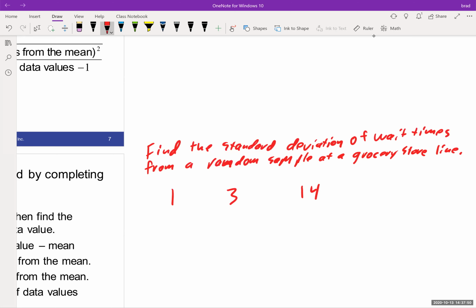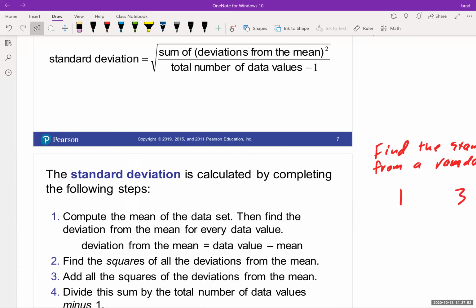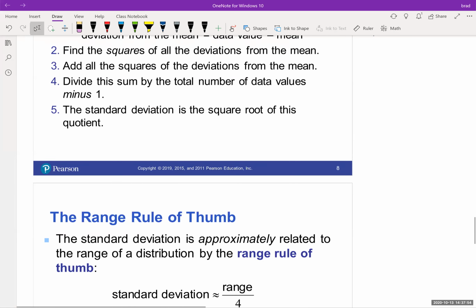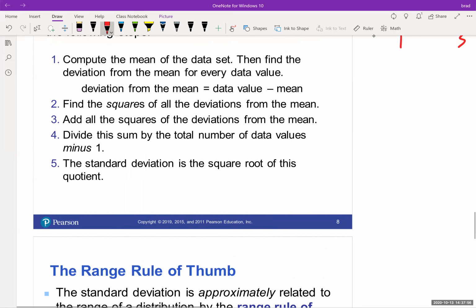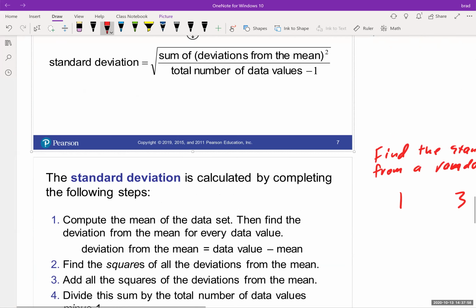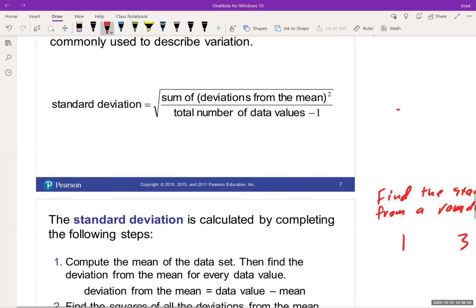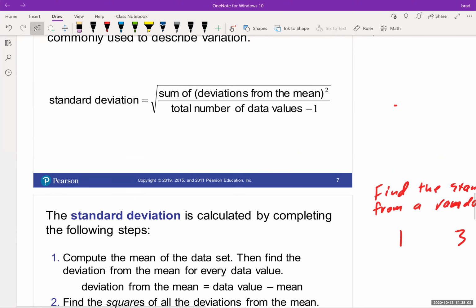Okay. Now, first things first, standard deviation is calculated by completing this, but I want you guys to think about this. They don't really give a good definition of what the standard deviation is. The standard deviation is basically saying how far away from the mean you are. Let me see.